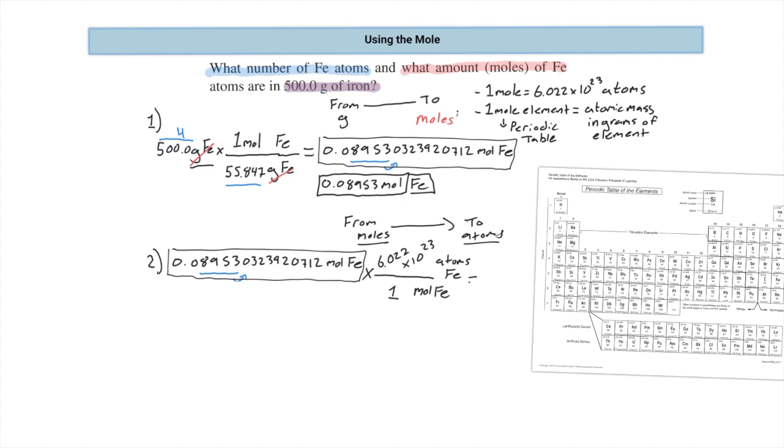We multiply our number here by 6.022. I get, and I'm going to write this to only a few digits. Nope, I didn't cancel out my units. There we go.